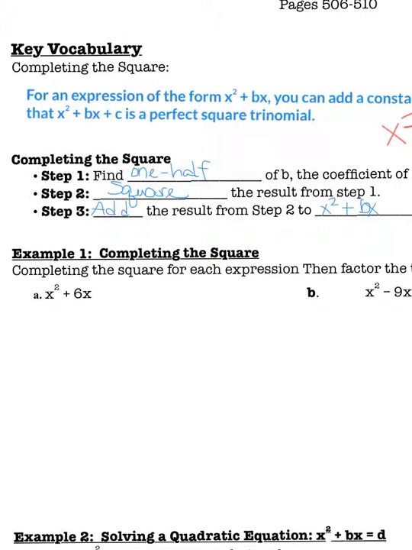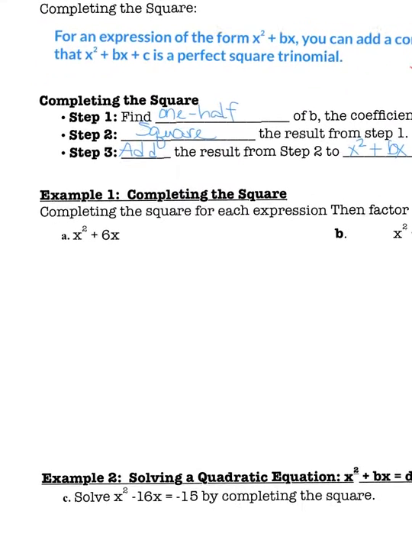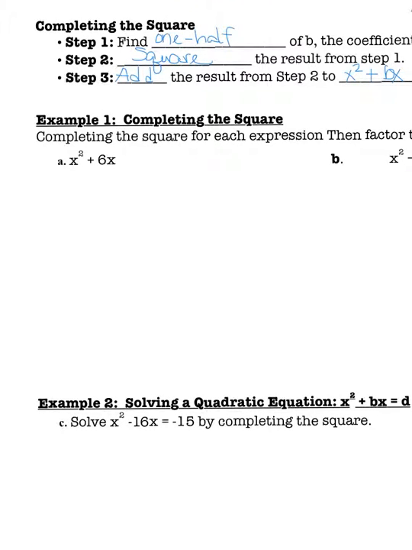Okay, so let's try one of those examples. Completing the square. So we have x squared plus 6x, which we already know is going to be plus 9 because I already wrote it above, but now let's teach you how to do that. So you're going to take the coefficient b, so that's the one being multiplied to only x. So that is, in this particular example, 6.